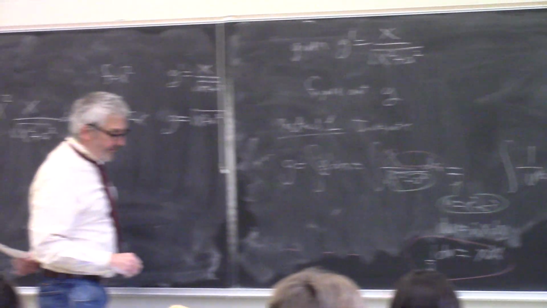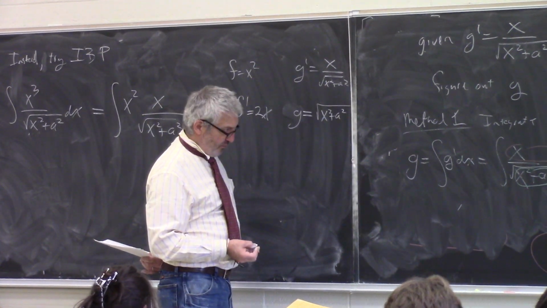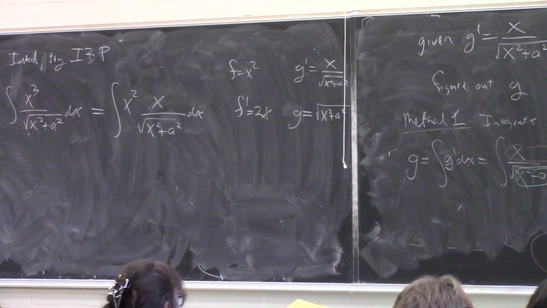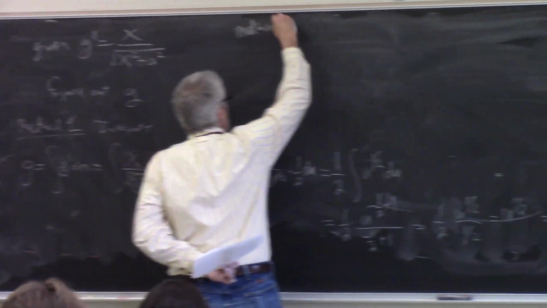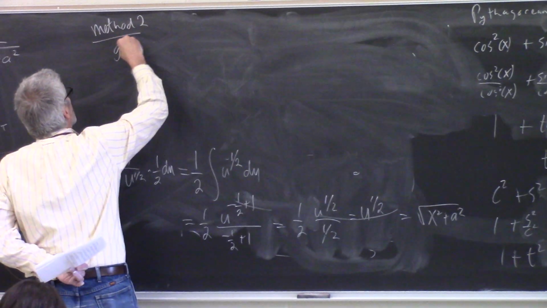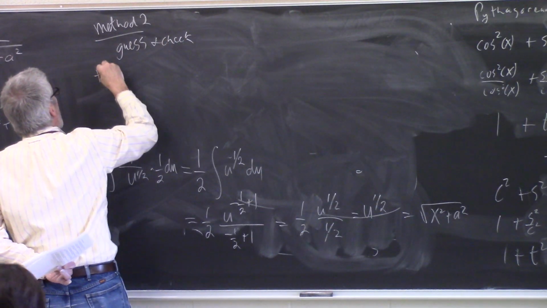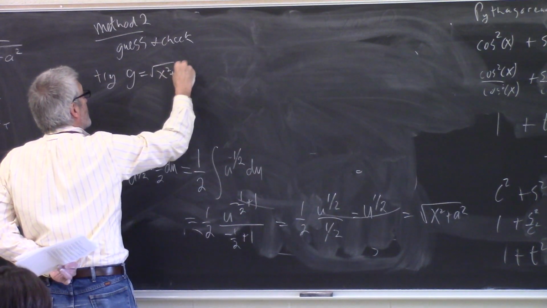Now remember I said this is method 1. Actually integrate to figure out what g is. And it's cumbersome. Method 2 is to guess and check. So let's try g equals the square root of x squared plus a squared.